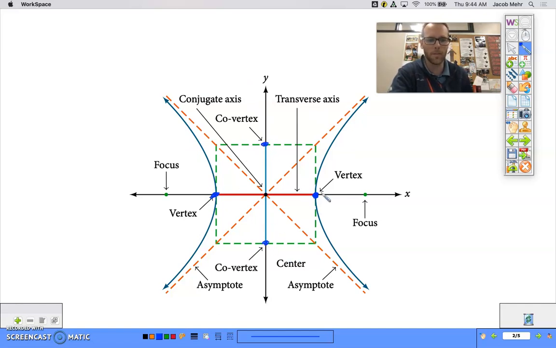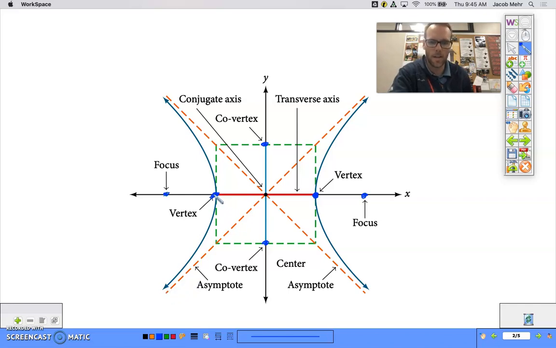When you graph the vertices and the covertices, it actually ends up making a rectangle here that helps us sketch out the graph, because through the corners of the rectangle, we get our slant asymptotes. There are two foci. There is a focus on each half. There's a focus here that the hyperbola wraps around, and a focus here that the hyperbola wraps around as well.